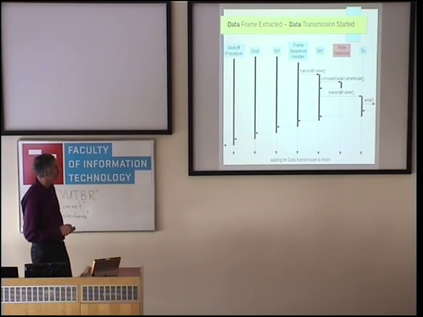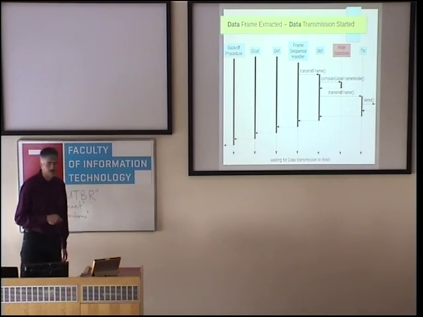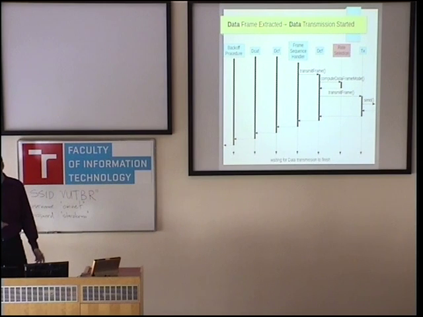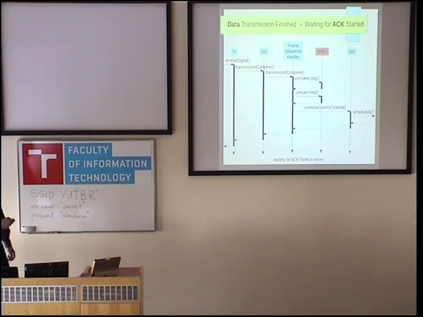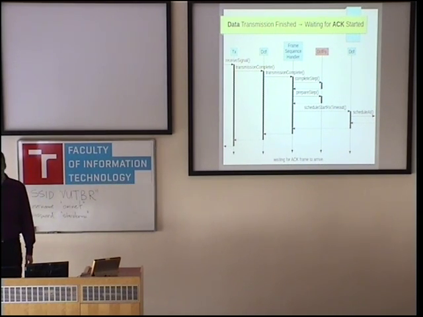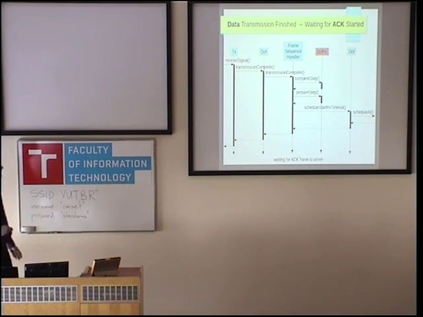Then the frame is sent to the radio, and we are waiting for the data transmission to finish. So we are waiting for the radio to notify us. And eventually it happens, and then the coordination function is notified that the transmission is complete, which in turn ends up in the frame sequence. So the transmission step is completed, and we can go to the next step, whatever it is. In this case, the next step is a reception step. We are waiting for the ACK.